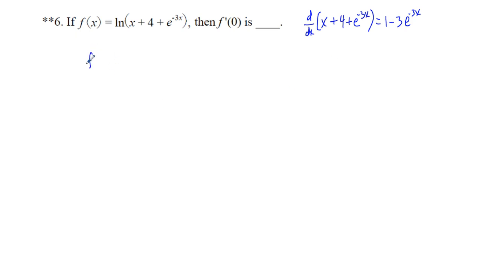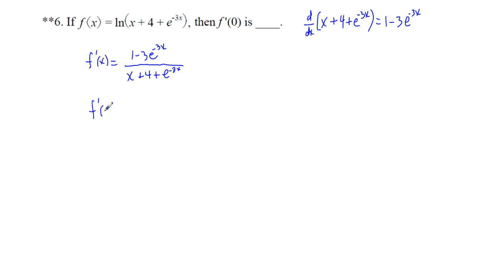So f prime of x is going to be equal to 1 minus 3e to the negative 3x over the original, which is x plus 4 plus e to the negative 3x. Okay? And then we're going to continue working below.